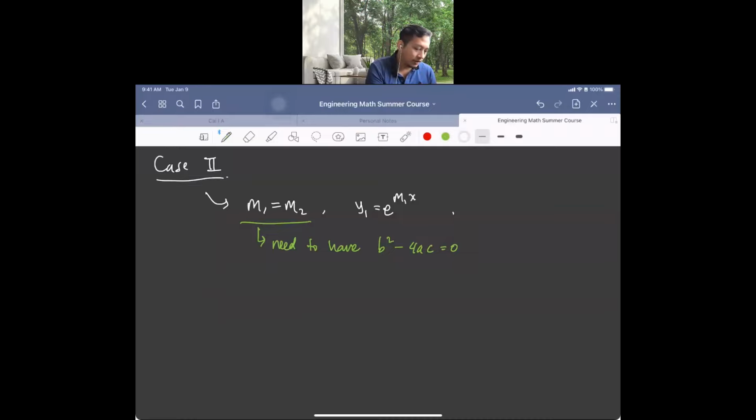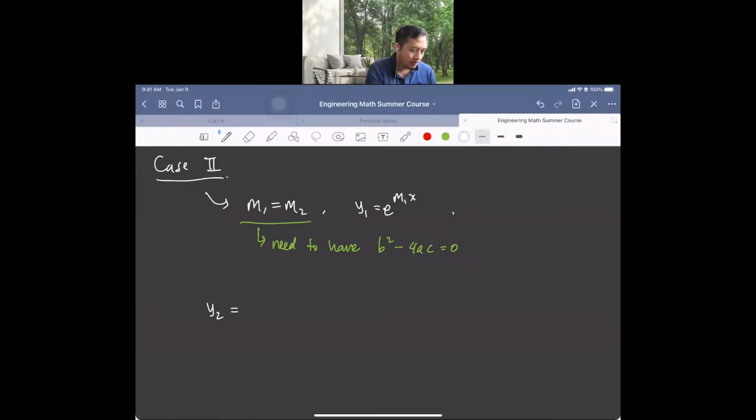And then if you remember, from the reduction of order, we have y1 and then an integral with the integrating factor here, right? So let me write the second solution for this one.